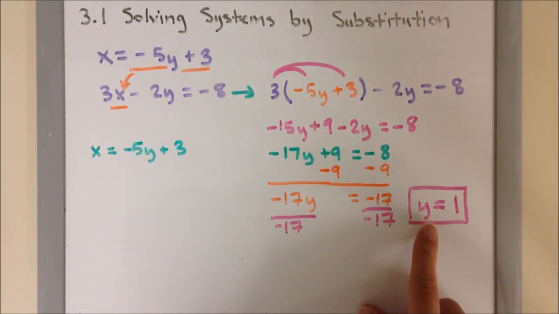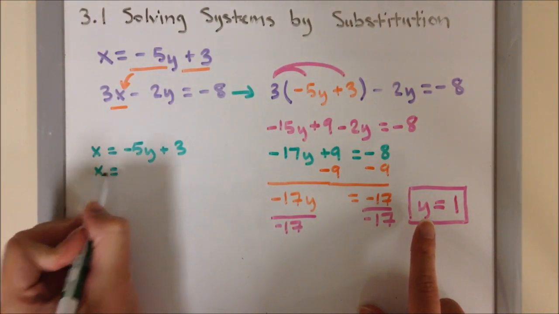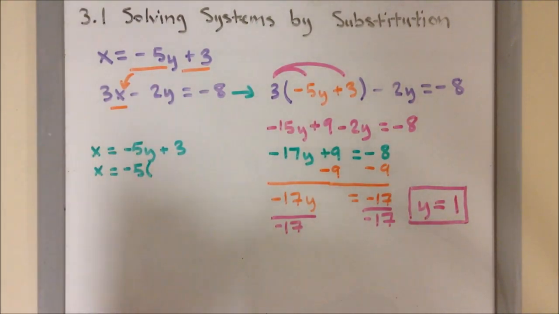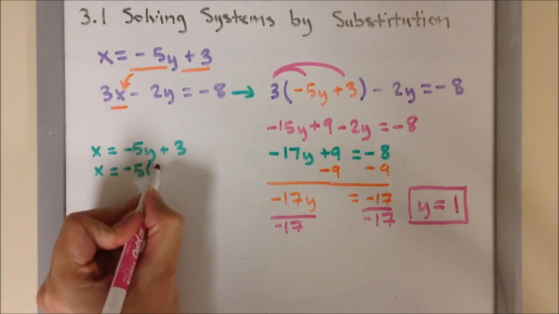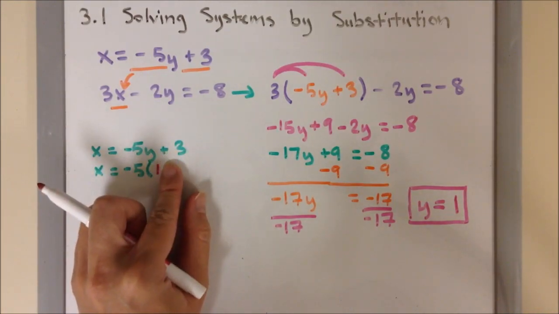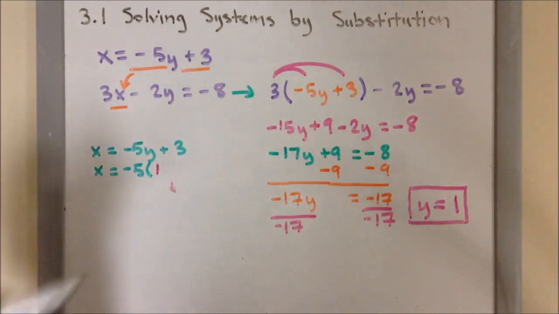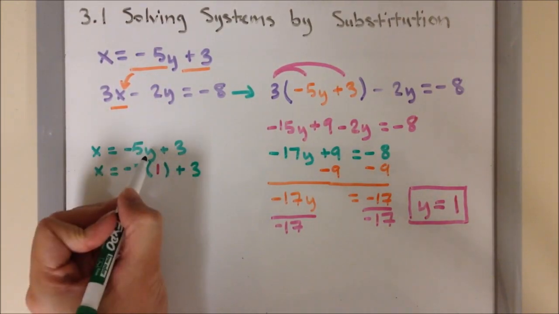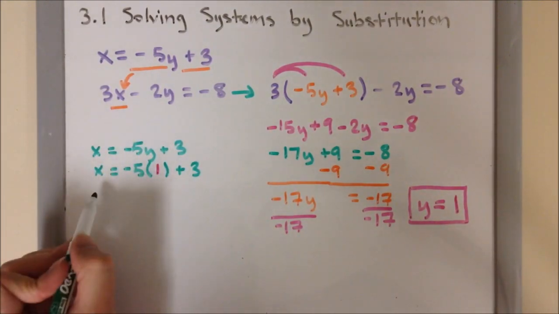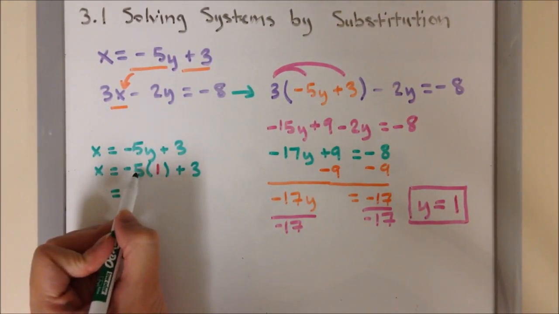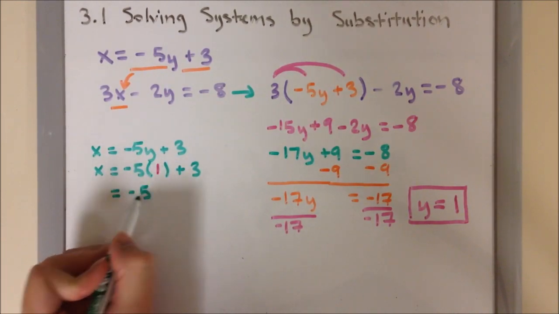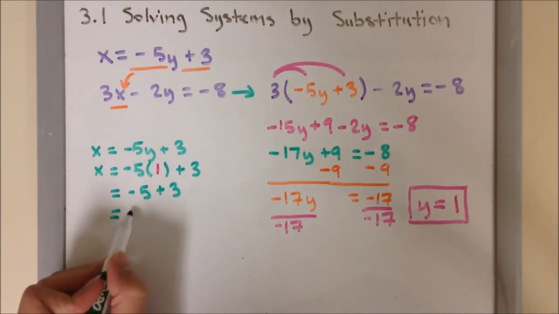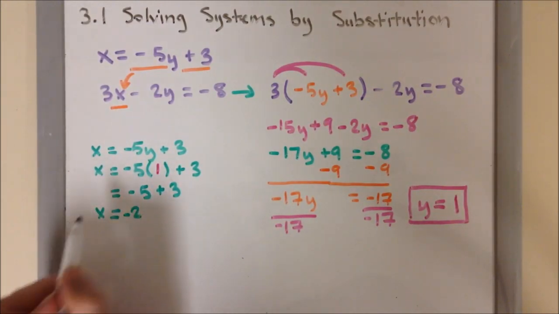Since I know the value of y, I'm going to replace y with positive 1. So x equals negative 5 times 1, that's negative 5, and then bring down the plus 3. Negative 5 plus 3 is negative 2. So x equals negative 2.